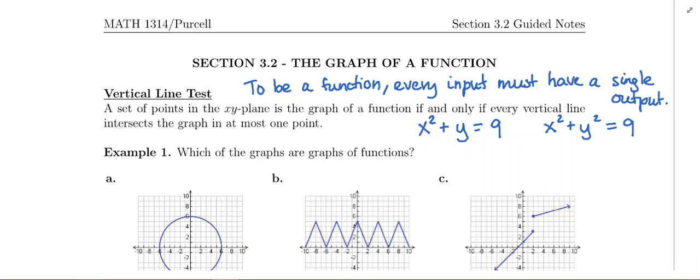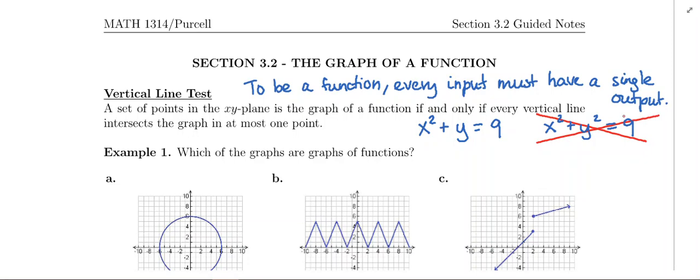If you have a y squared present in your equation, that prevents the equation from being a function. It's okay to have the x squared, but you can't have the y squared. So that's how we discussed this topic algebraically.